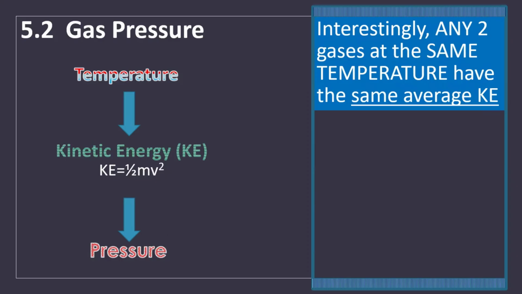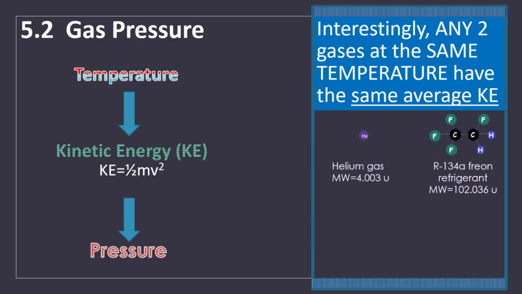It doesn't matter if the molecules are really tiny, such as helium gas, or if it's a polyatomic molecule of gas like this refrigerant. If you look at this equation over here, it's 1/2 times the mass.